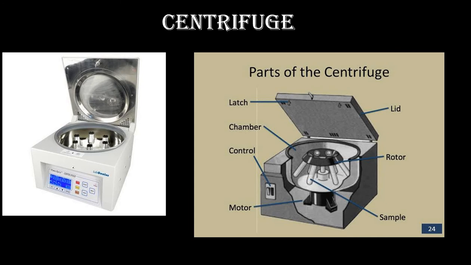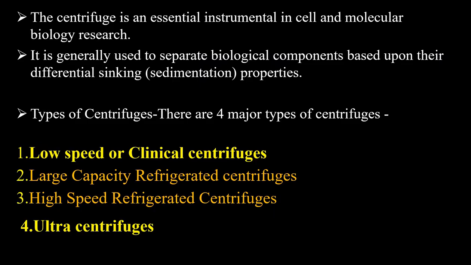These are the components of the centrifuge machine. The centrifuge is an essential instrument in cell and molecular biology research. It is generally used to separate biological components based upon their differential sinking, that is sedimentation properties.